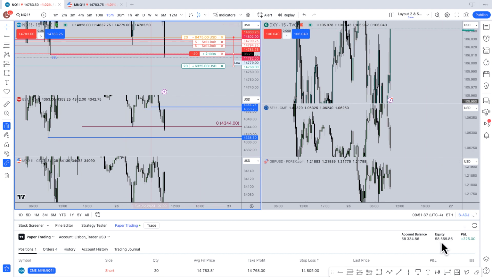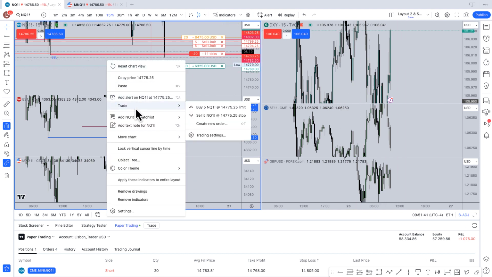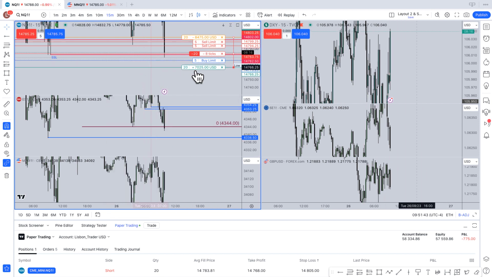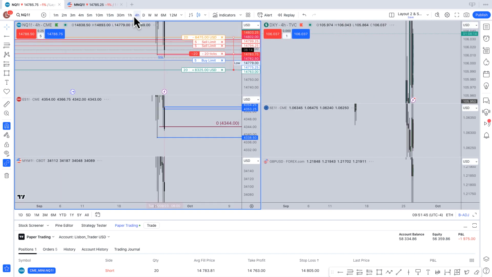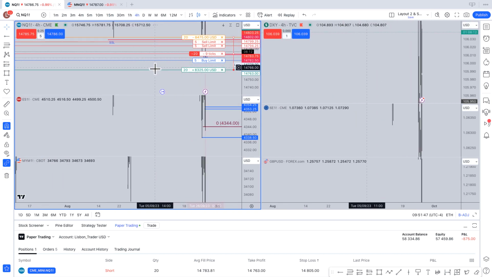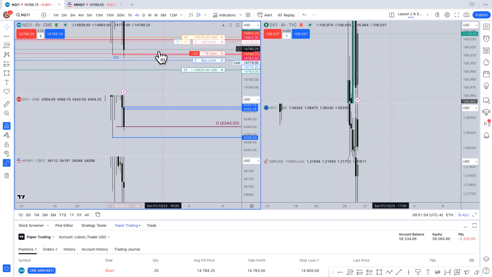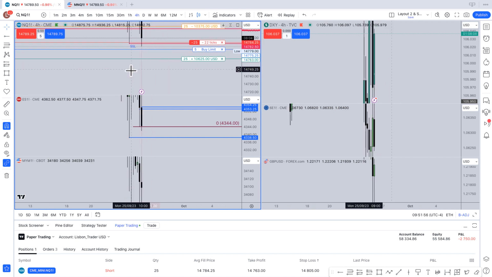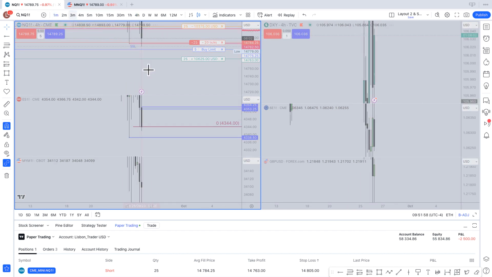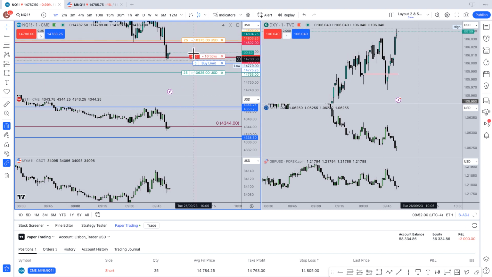So 48. Let's put some in the bag there. Can buy more. Cannot buy more. Risk is 10K.